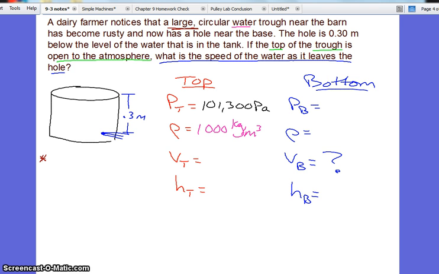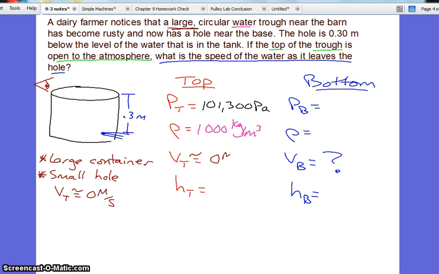So if you see that it is a large container, or if you see that it is a small hole, then the speed at the top is approximately 0. If you were to stand and watch the top of that container, you would barely see this water level drop. You wouldn't even notice it except over a long period of time. So that's approximately 0 meters per second because it says it is a large water trough.